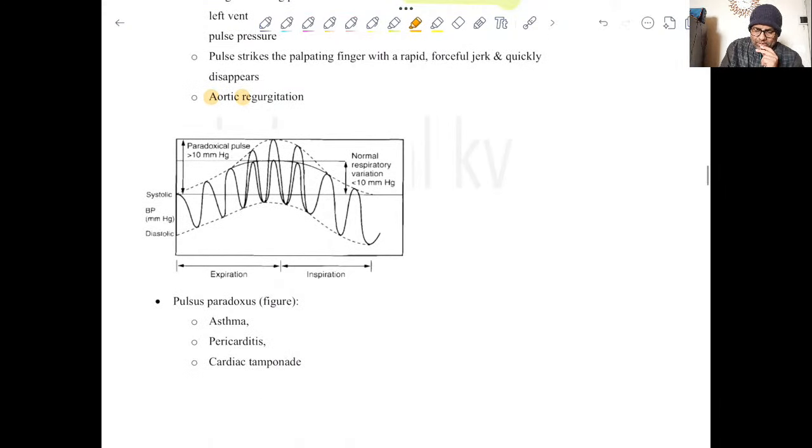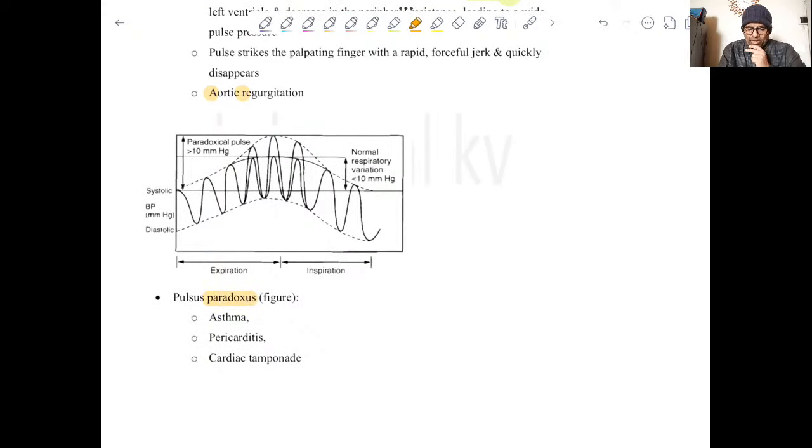Then the second type of pulse is pulsus paradoxus, which is actually an exaggeration of the normal physiology, because normally if we check systolic blood pressure during inspiration, it falls, but the magnitude is less than 10 millimeter of mercury.